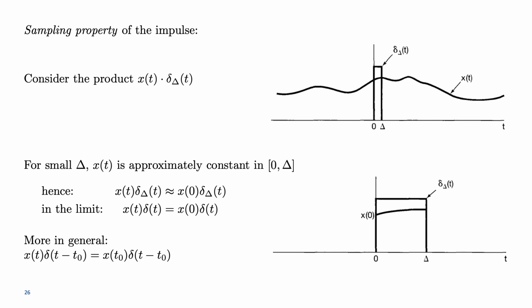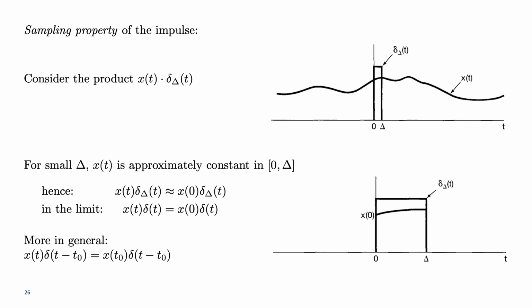Look at the picture at the bottom, right? The signal x, yeah, it has some variation, but it's almost constant in that interval, especially if delta is small enough. So we could say that the product of x of t times delta delta could be approximated with x of 0 times delta delta, where x of 0 is the value that x of t takes at time 0.